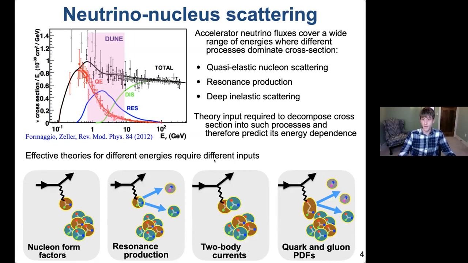There are different effective theories for efficiently describing nuclei at these different energy scales, and they have different inputs that need to be known with precision in order to achieve the few percent uncertainty goals of DUNE. These inputs, in particular nucleon form factors, pion production amplitudes, two-body currents, and DIS structure functions, are where lattice QCD can help neutrino-nucleus scattering cross-section predictions.